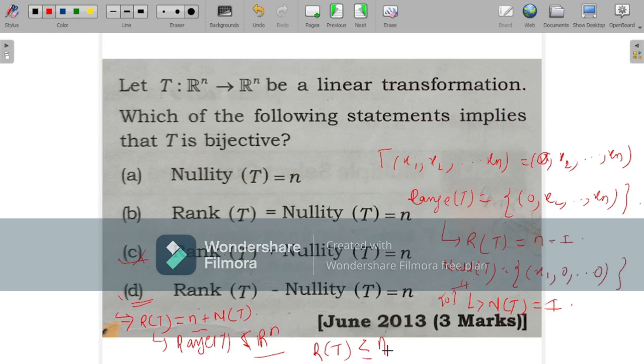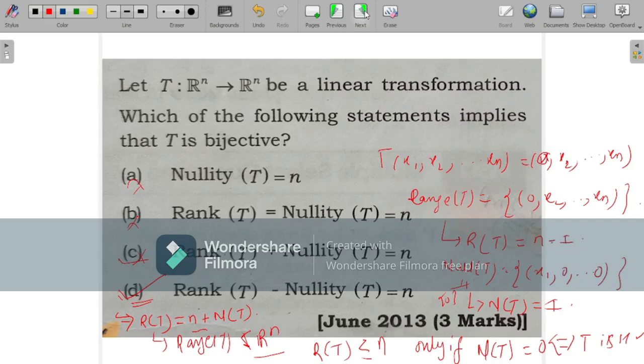So rank of T is less than or equal to n only if nullity of T is 0. So nullity of T equal to 0 is possible if and only if T is injective, that is 1-1. Okay, so if T is 1-1, that will imply that T is bijective. So the fourth option D is correct and all others are incorrect. Okay, this is done.